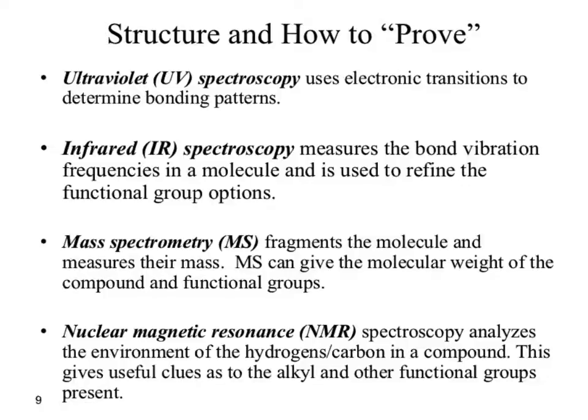It's looking at the electronic transitions. We fire ultraviolet or visible light at a molecule. It excites electrons. Those electrons had to get excited by that energy. We can notice that that light, or that energy, was absorbed, and that gives us information about where the electrons jumped from. Okay?